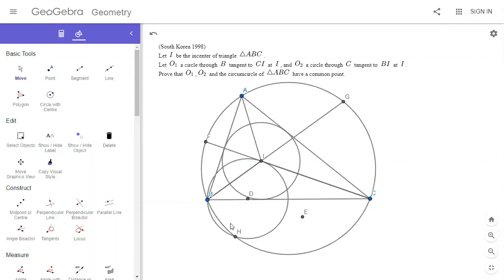Or we could let this be the mixtilinear point, and then we want to show that it's tangent. That's probably the easiest way, right? Yeah, and then I think that proves it.